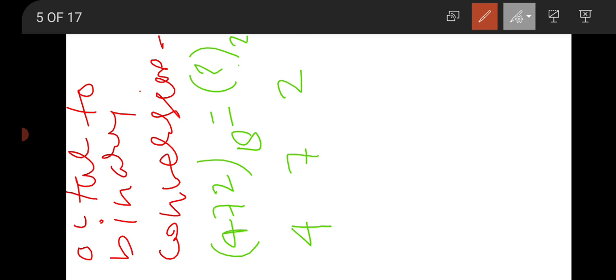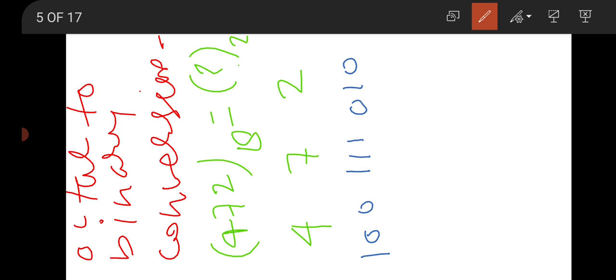Now we write the binary equivalent code for 4. If we convert 4 into binary, it gives 100. The binary code of 7 will be 111. The binary code of 2 is 10, and we have to put 1 more 0 here, that means 010.